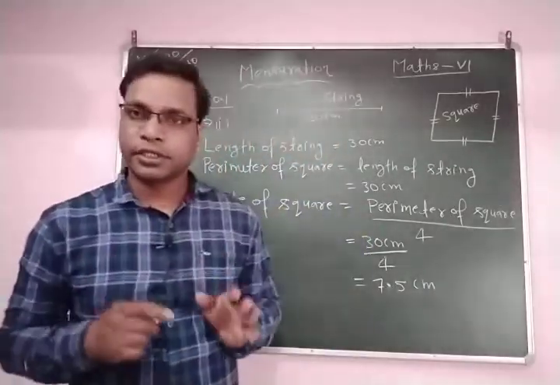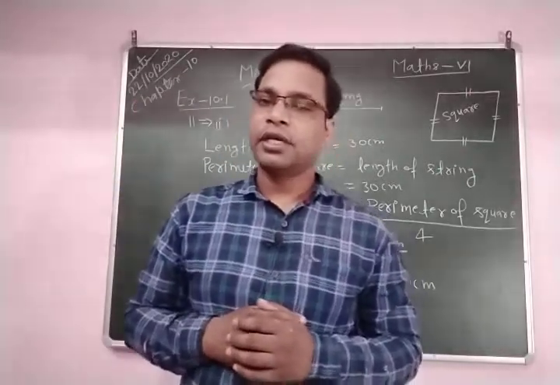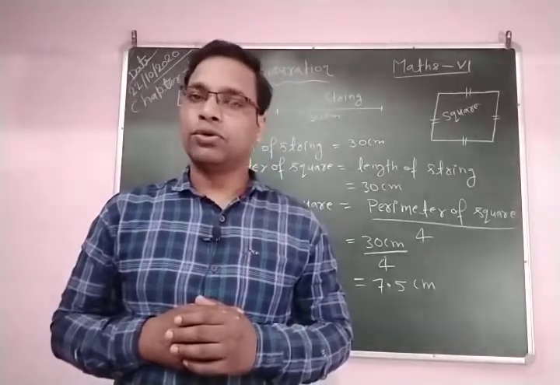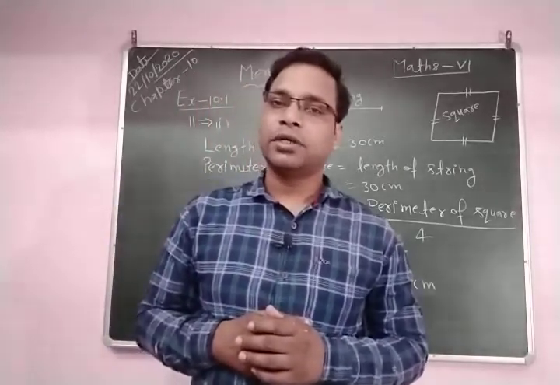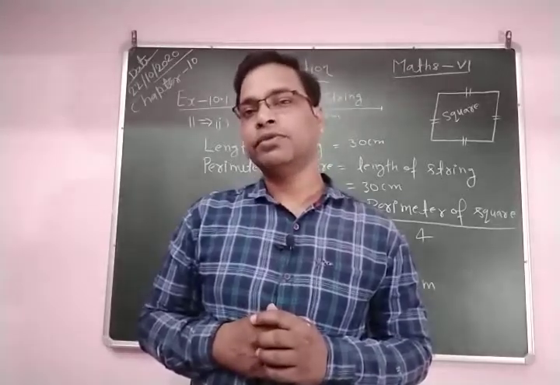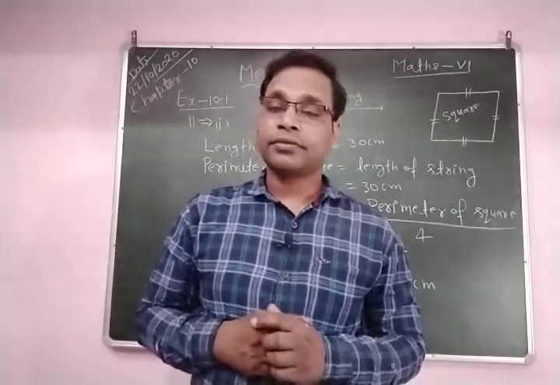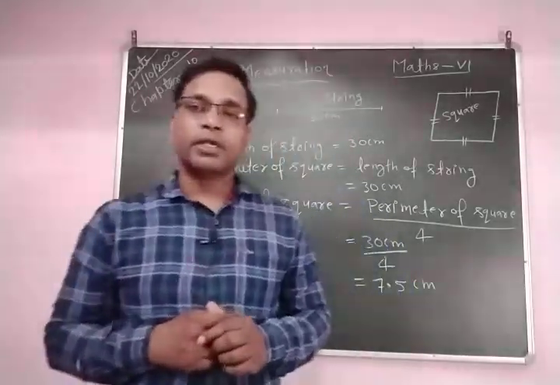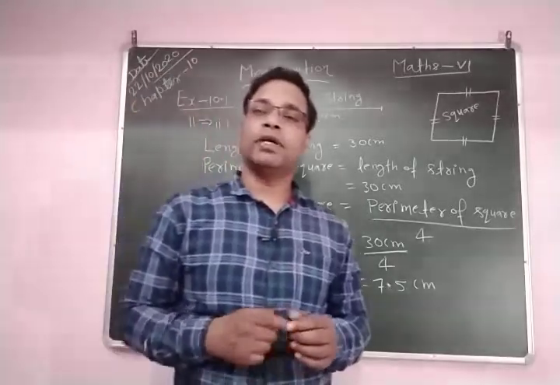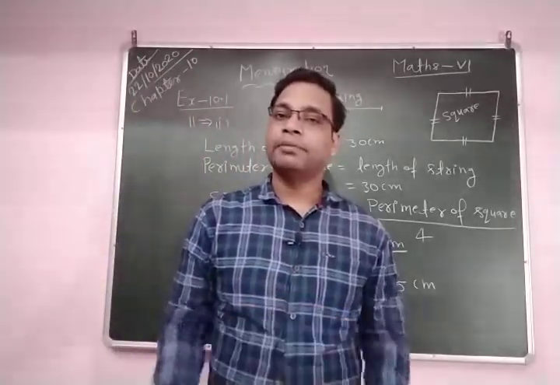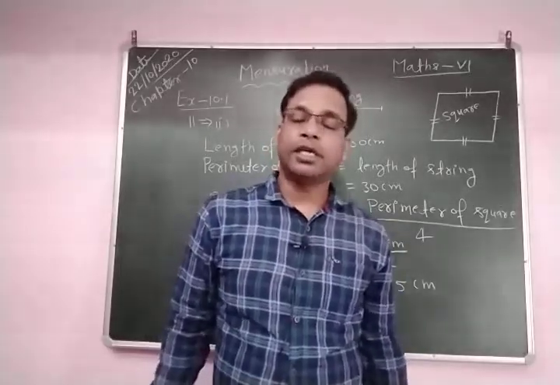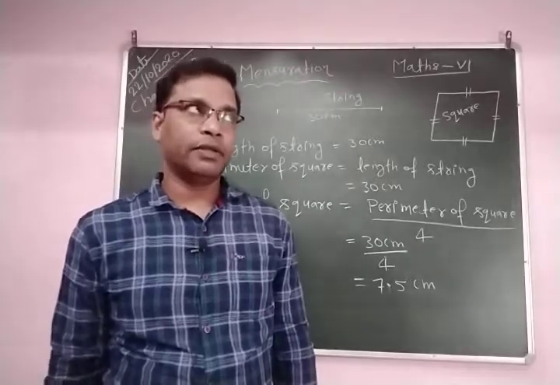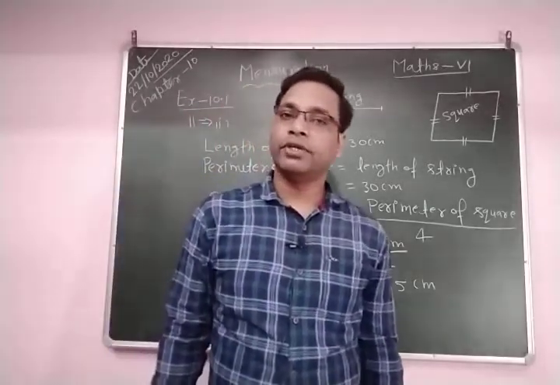Students, in this question the length of the string is given as 30 centimeters and this string is used to form a square. So we need to find the side of this square made by the given string. For this, the length of the string becomes the perimeter of the square, and so the side of the square is equal to perimeter by 4, because you know very well the perimeter of a square is equal to 4 into length of side.